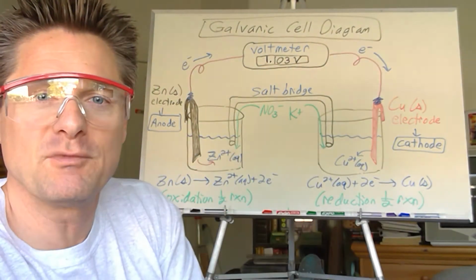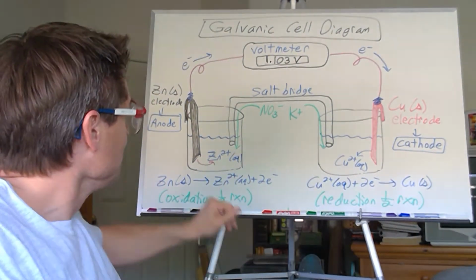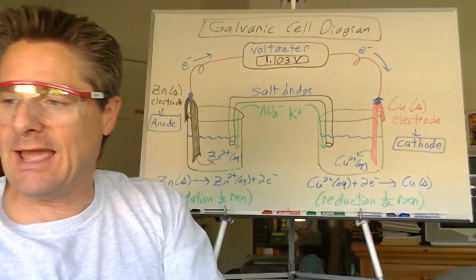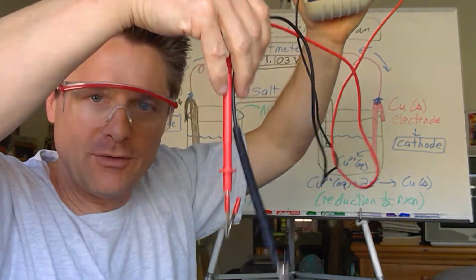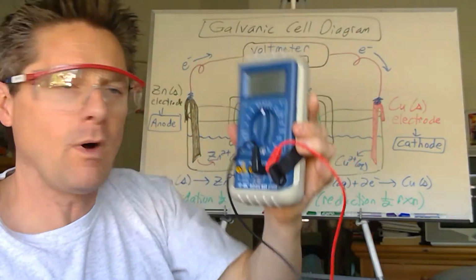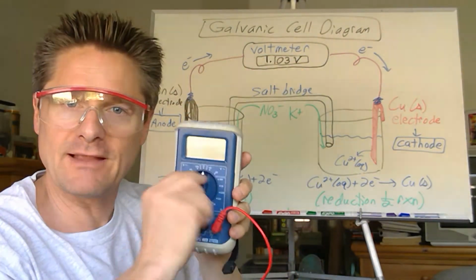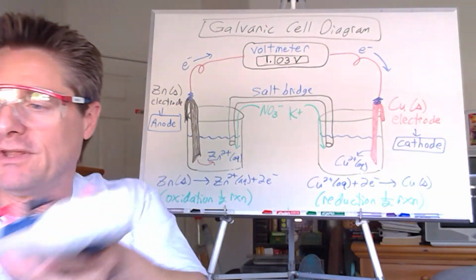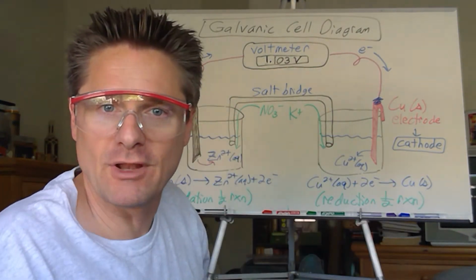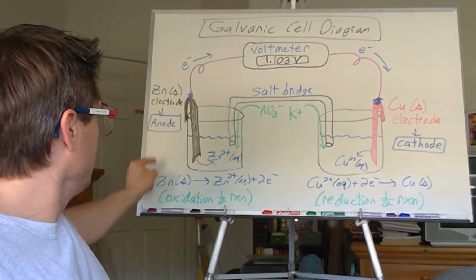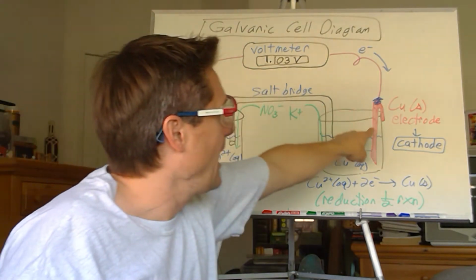So my beaker's a little bigger on the board. We're going to connect these together with some alligator clips. So I'm going to hook those onto the electrodes with these wires. This is my voltmeter, so that's going to measure the voltage, which is the potential difference, the driving force for those electrons to go from the reducing agent to the oxidizing agent.